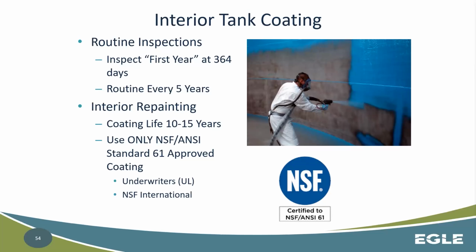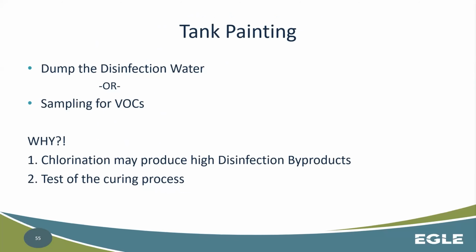And then making sure that if you do get that coating, depending on what's going on, you should probably go through a permitting process, or at least talk to your district engineer at Eagle, to make sure that it is NSF approved to the 61 standard. You've got UL and NSF there. Make sure that this is a safe product to be using for your drinking water program.